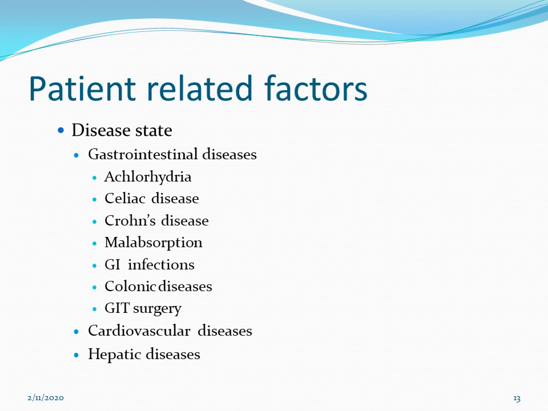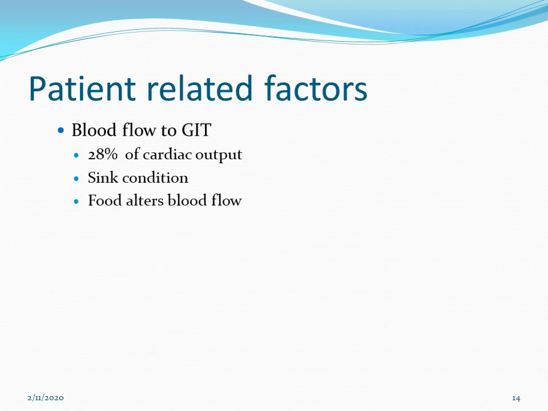In the case of cardiovascular diseases like congestive cardiac failure, the cardiac output gets decreased, which reduces the blood flow to the GIT and thereby the absorption of a drug. In the case of hepatic diseases like cirrhosis, first pass metabolism gets reduced and increases the bioavailability of the drug. So this is about the disease state.